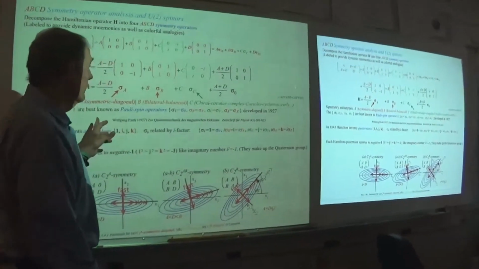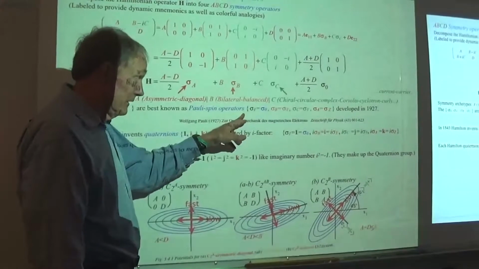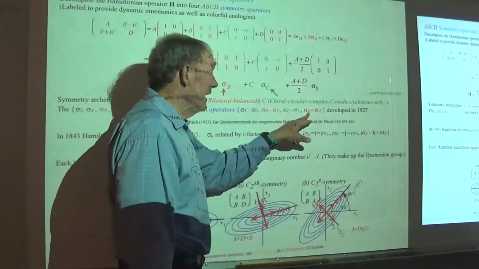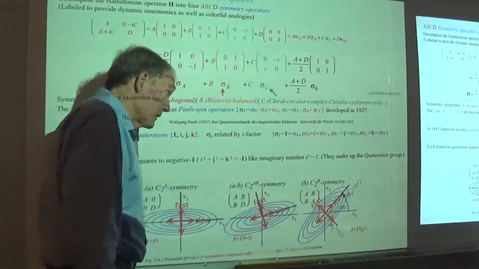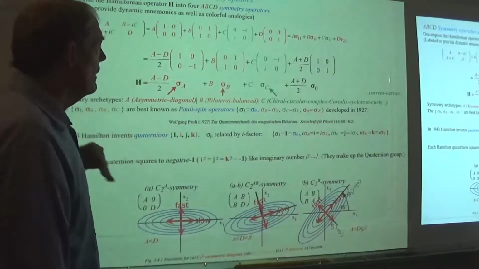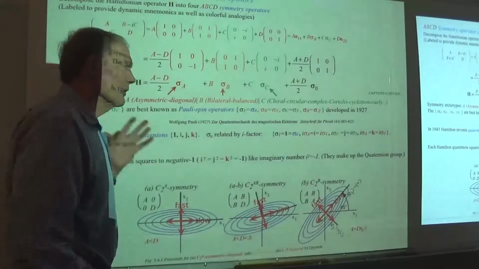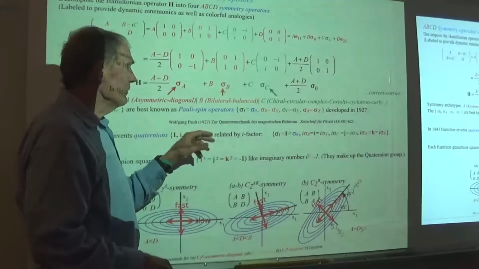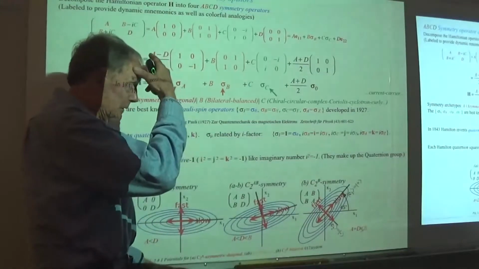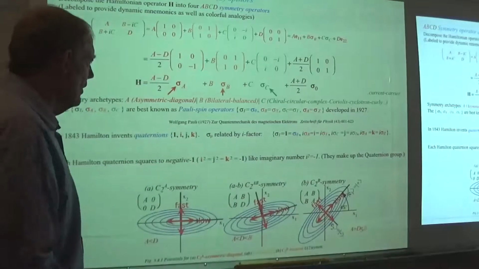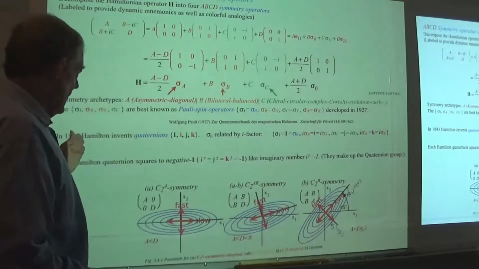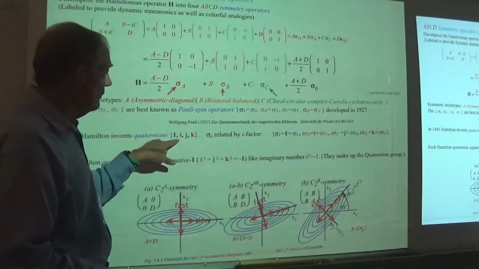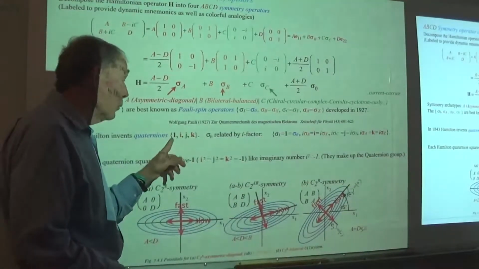But the basic idea is that the Pauli spin operators, and here I'm telling you B is X, C is Y, and A is Z, make a connection with our little coloring that we do, and 1, 0, that's pretty trivial. But Pauli comes in 1927 in this particular paper with the help of Jordan and a few other people, and they're way behind Hamilton. In 1843, he's got these things called i, j, and k, and 1.